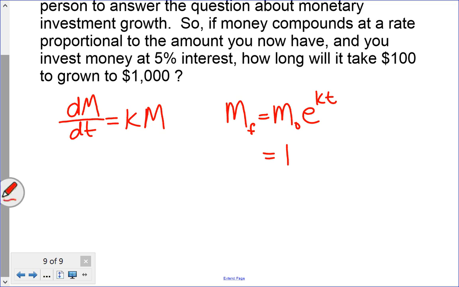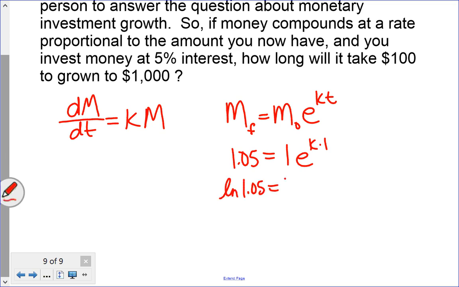We can use any amount of money. It doesn't matter. I could use $1,000, $1 million. In 1 year, if I'm getting 5% interest, I'm going to have 5% of that money plus the initial amount. It's easiest to think of something like $1. If I have $1, I get 5% interest. In 1 year, I have $1.05. So that means if I solve this, ln of 1.05 is going to equal k, using the same exponential changes that we've been doing. So therefore, I've now found what k is.